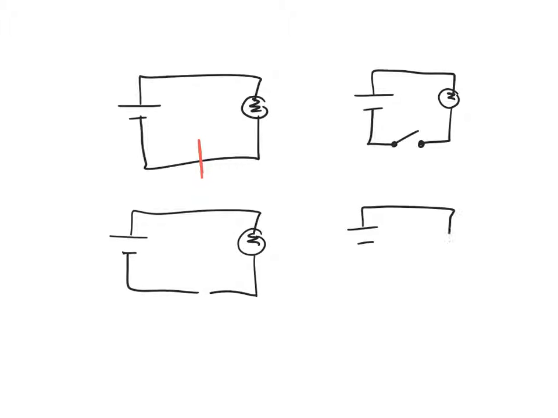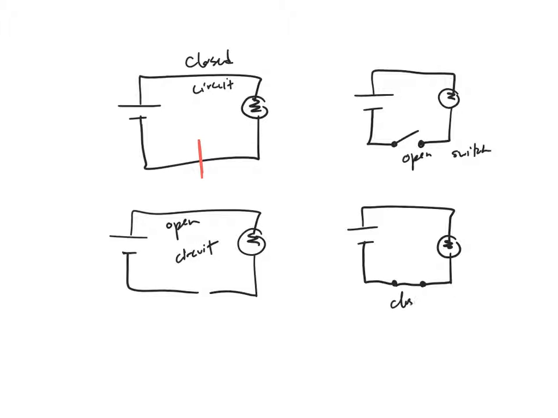Take a diagram like this, and that's a closed switch. Okay, so a closed circuit works, open doesn't. This is an open switch, and this is a closed.